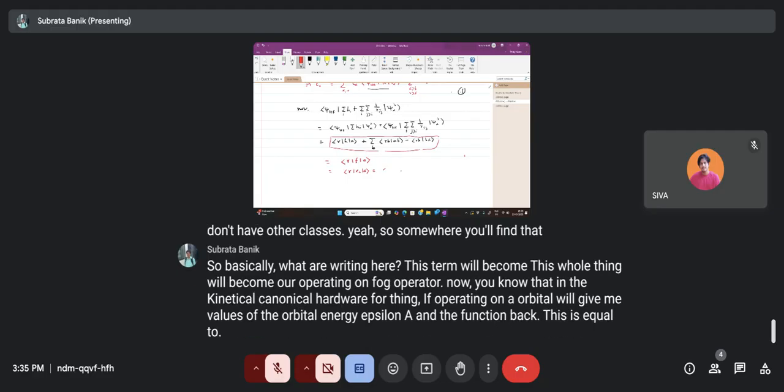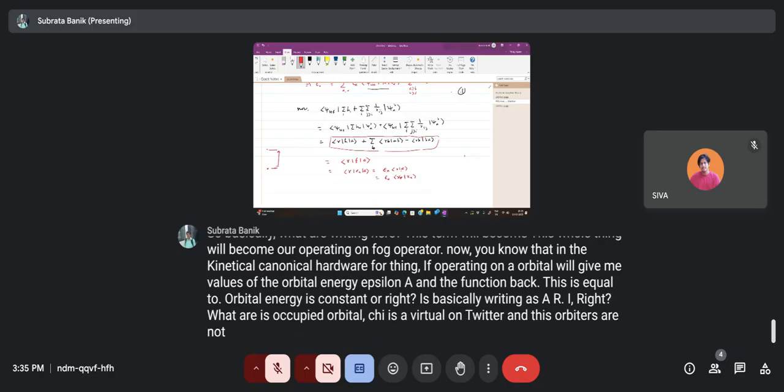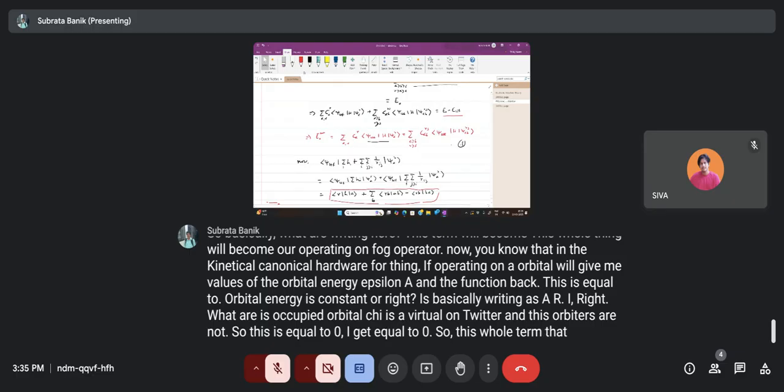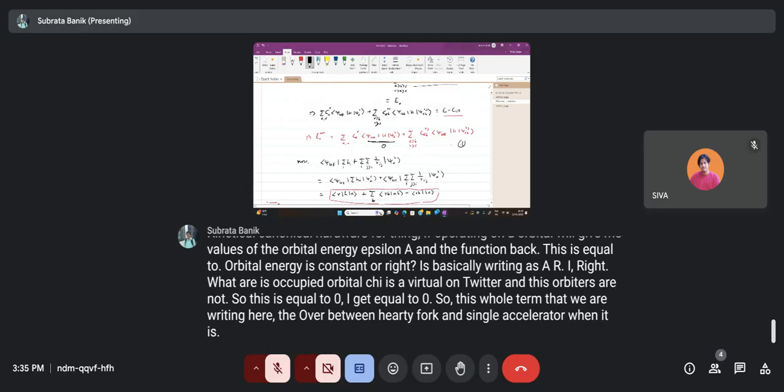This is equal to the orbital energy, a constant, times chi A. What are chi A and chi R? Chi A is the occupied orbital, chi R is the virtual orbital, and these orbitals are orthogonal. So this is equal to 0. So this whole term, the overlap between Hartree-Fock and the singly excited determinant, is 0.